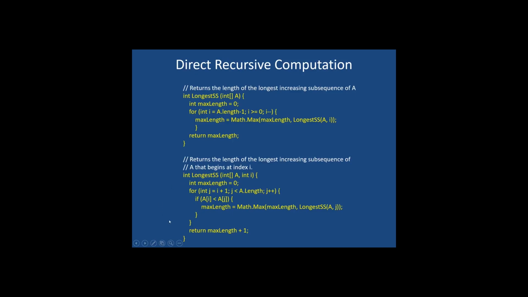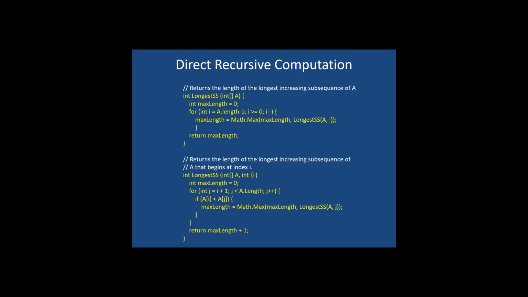So what's happening in this loop? Finding the max in an index that's higher than i. Yeah, we're starting j at i plus 1. We're going all the way to the end of the array. And then for each element, if a sub i is less than a sub j, in other words, if a sub j is something that can extend a sub i, then we're looking for the longest path that starts at some index to the right of i that's compatible with i.